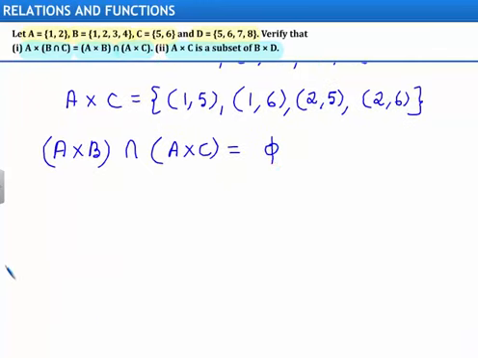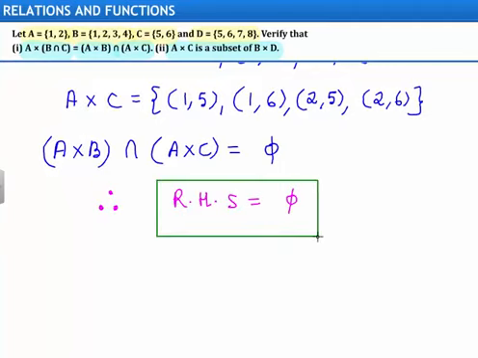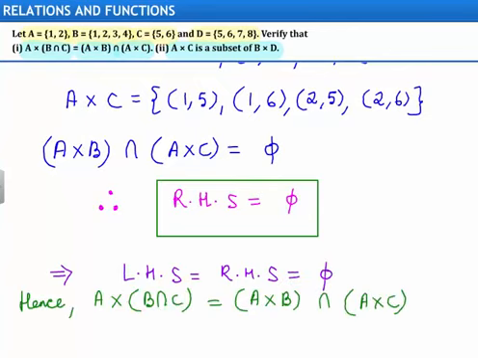So therefore, RHS is also equal to phi. So this implies LHS is equal to RHS is equal to phi. Hence, A cross (B intersection C) is equal to (A cross B) intersection (A cross C). So this is verified.